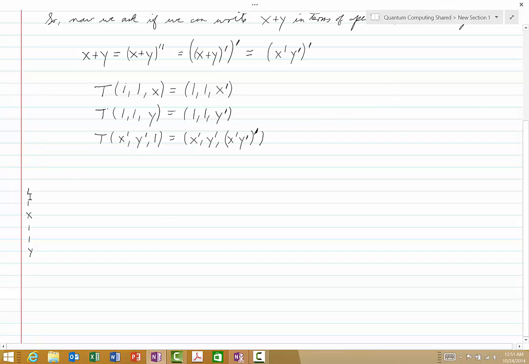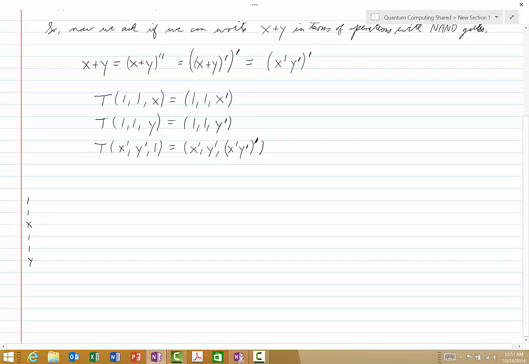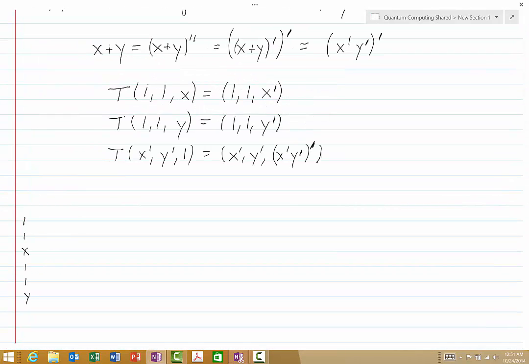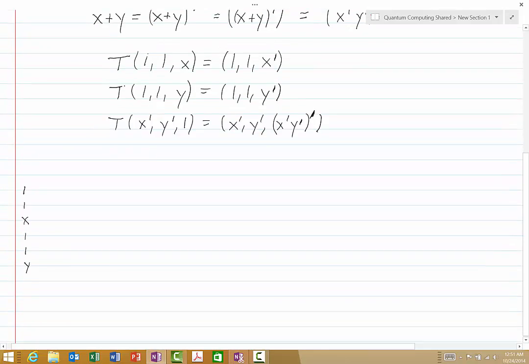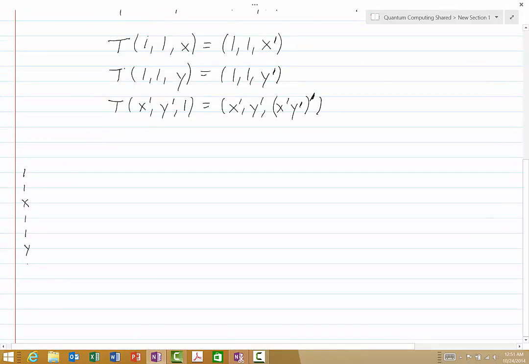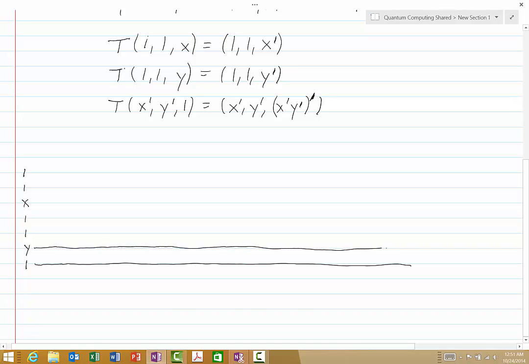We'll put 1 and X here, 1 and Y, and then 1. Okay, and we'll draw a line for each one of these.